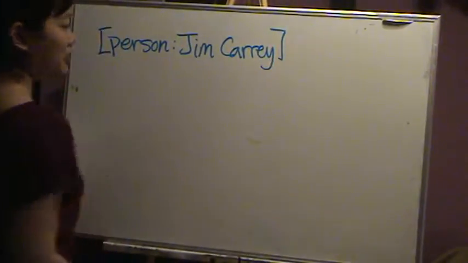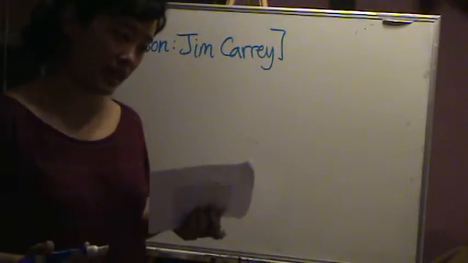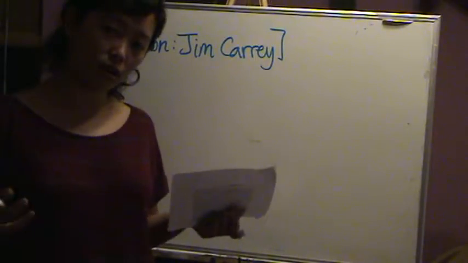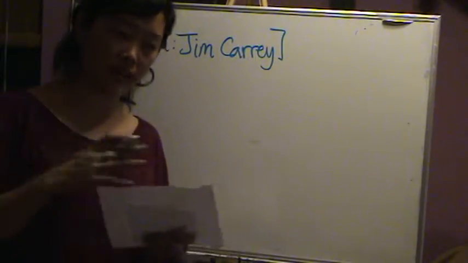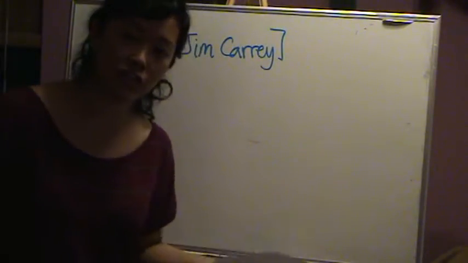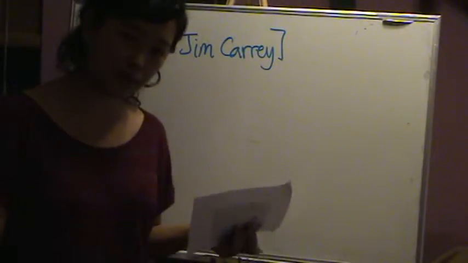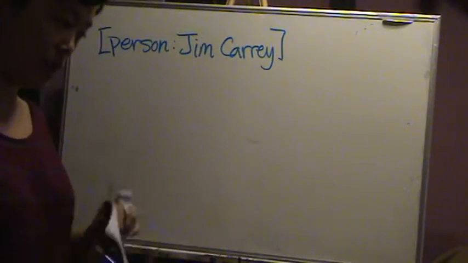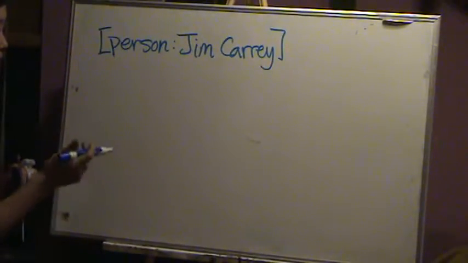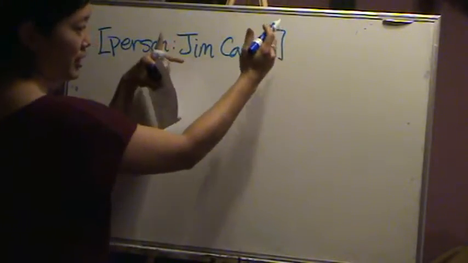Now this is a very philosophical choice. There's a school of philosophy that says that all that things are, all that objects are, is just a collection of properties. And so I'm choosing that route in this knowledge representation, and saying that Jim Carrey is not itself an object.